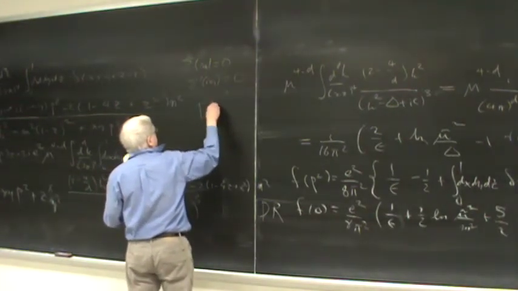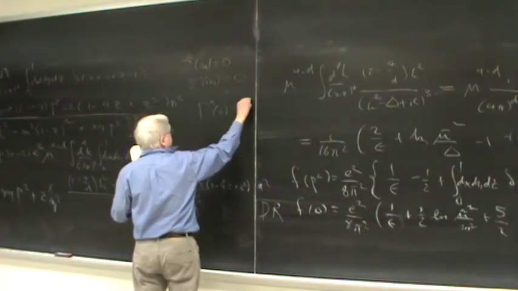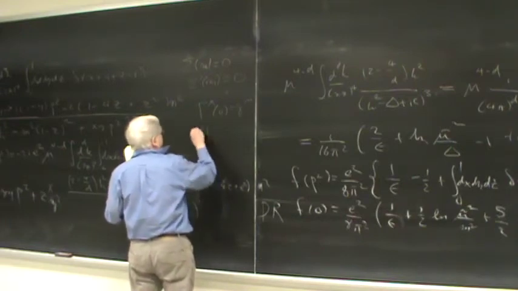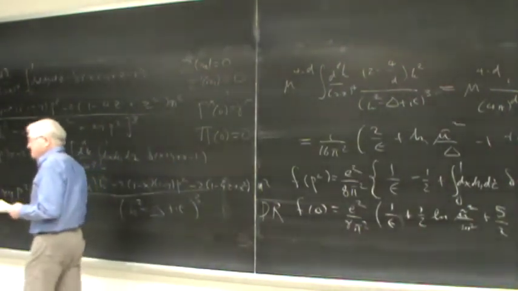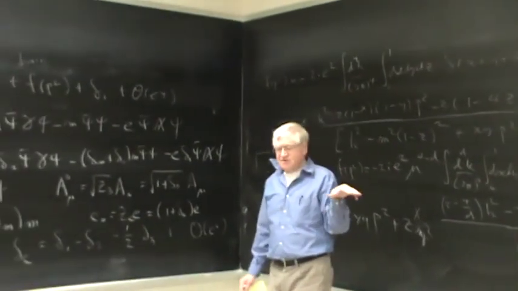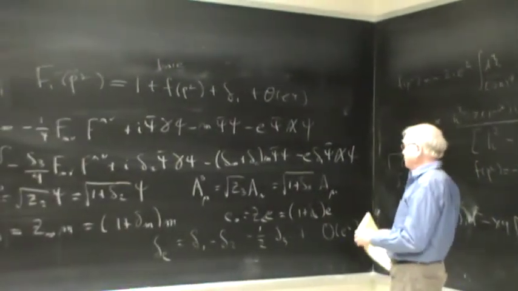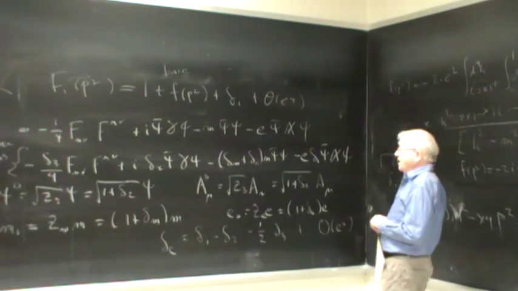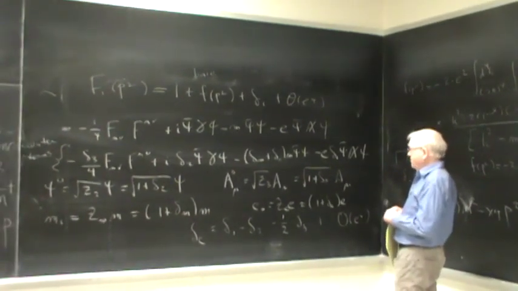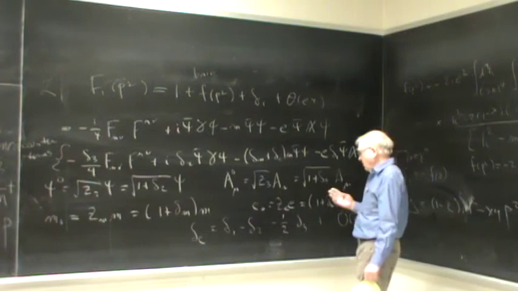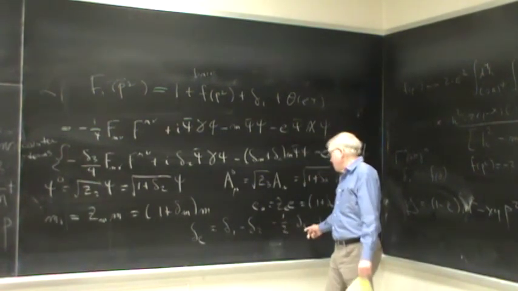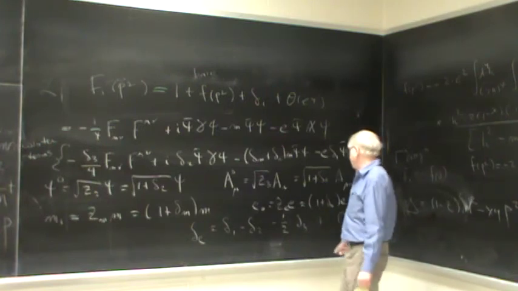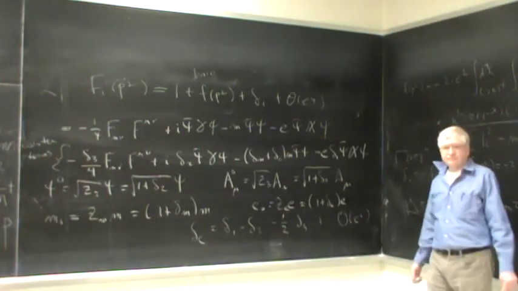We've got that big gamma of 0 is ordinary gamma, and the big pi of 0 is 0. These are the 4 conditions, and these conditions we've used at the e squared level, where e squared over 4 pi is 1 over 137, to fix the 4 counterterms, delta 1, delta 2, delta 3, and I guess delta m.